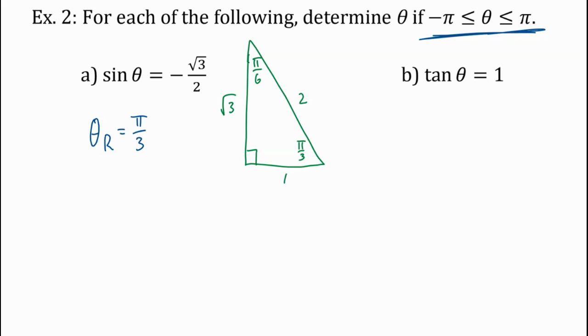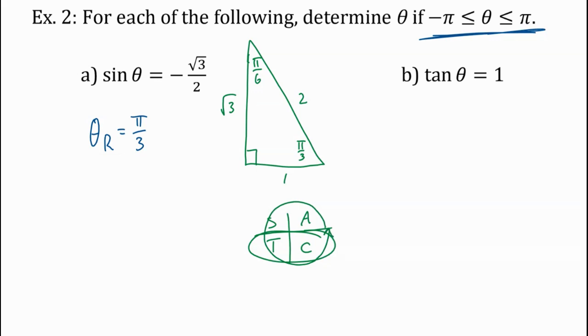Then we go to CAST rule. And it's sine and it's negative. So sine is negative in the bottom 2 quadrants. This is where the negative angles come into play. If it was 0 to 2 pi, I would get to quadrants 3 and 4 by going around.